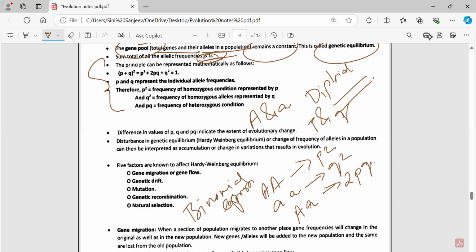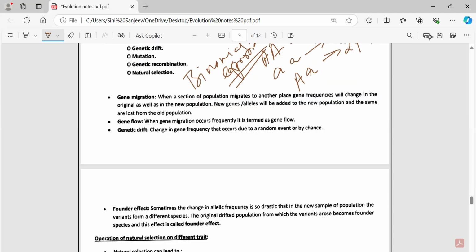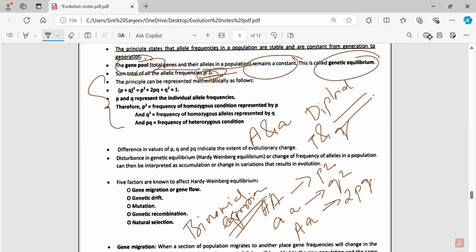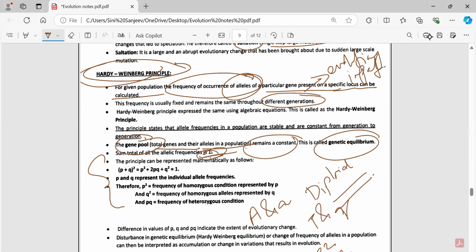There is no variation at all. You have to use the binomial expression: p square plus 2pq plus q square is equal to 1. Already I have told you the frequency of the alleles sums to 1. This is how you can find the change in frequency, or count the genetic equilibrium according to the Hardy-Weinberg's principle.